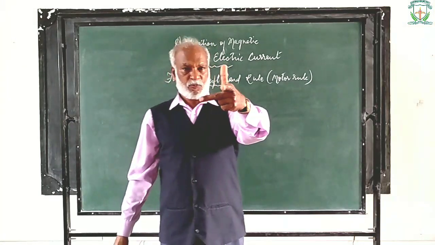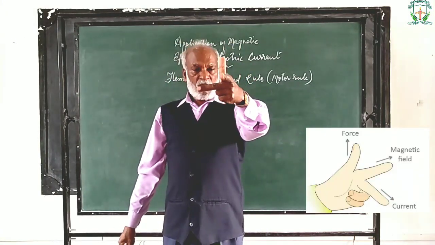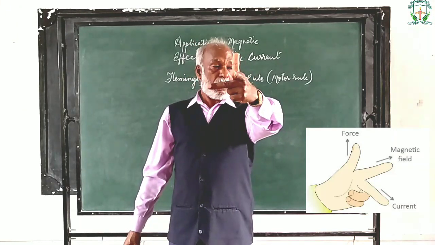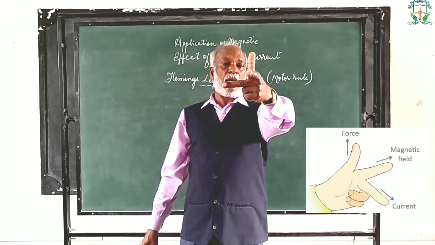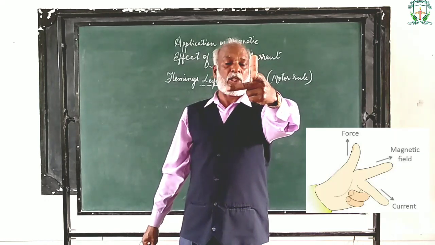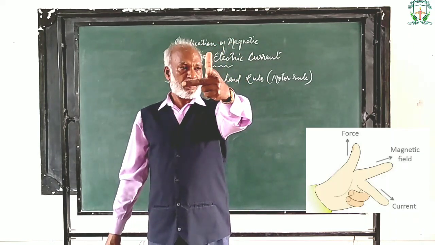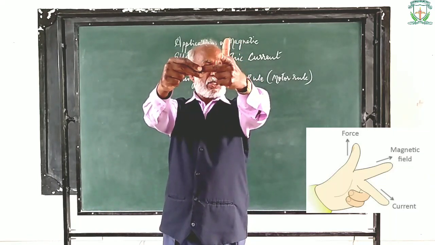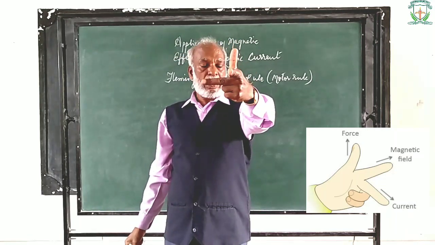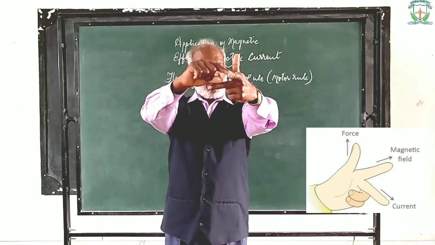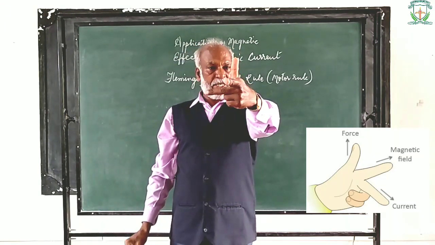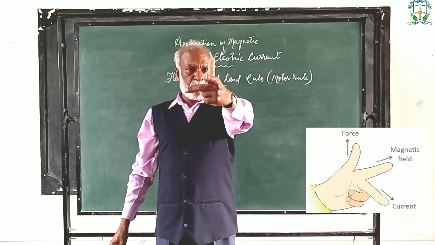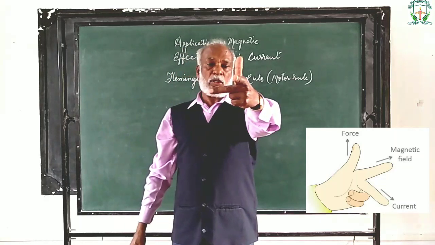I repeat, if the three fingers, thumb, forefinger and middle finger of the left hand are held mutually perpendicular to each other such that the middle finger shows the direction of the current in the conductor, the forefinger shows the direction of the magnetic field, then the thumb shows the direction of the mechanical force acting on the conductor.